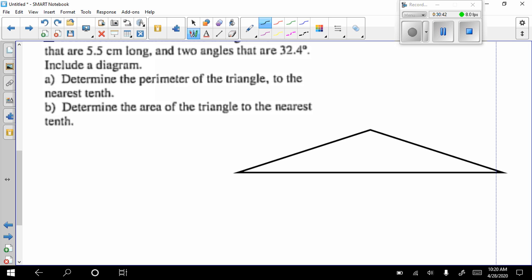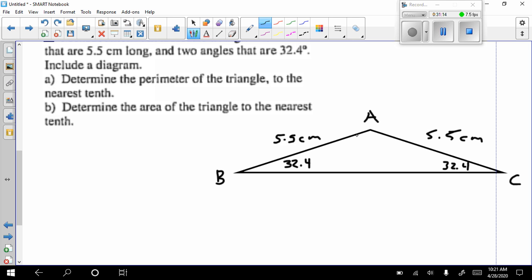I'm going to say that this is angle A. This is B, and this is C. And so if this angle here is 32.4, this angle is 32.4, and then we're told that this is 5.5 centimeters, and this is 5.5 centimeters.